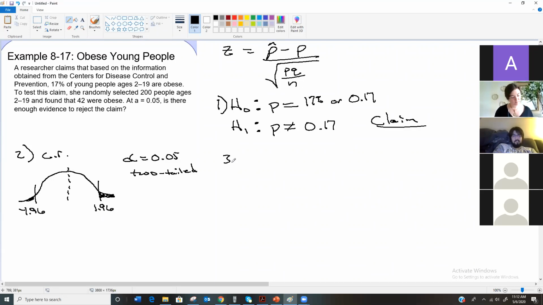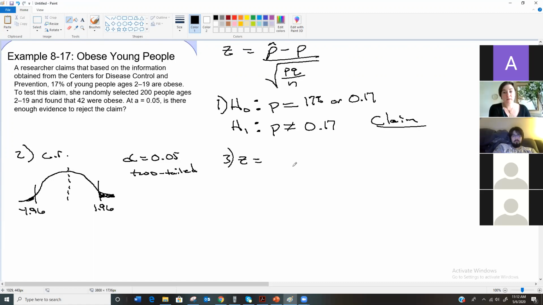Okay. So 3, this is what's new from this one, is that this formula is different. So to get our z, we're going to do p hat. What's our p hat? Would it be the... no, wait. It's not the 1.96, is it? Nope. Oh no, that's our critical region.